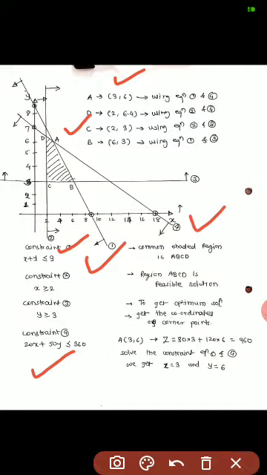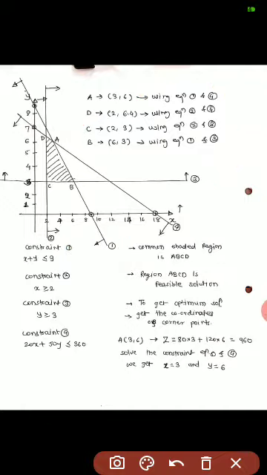So by solving these two equations in a calculator, we will get the values of x and y as 3 and 6. And similarly, we can get the coordinates of all the corner points by solving the equations in the calculator.